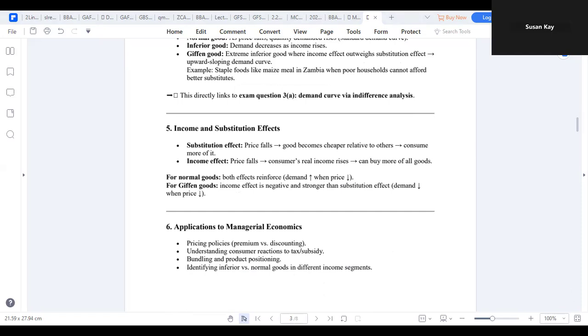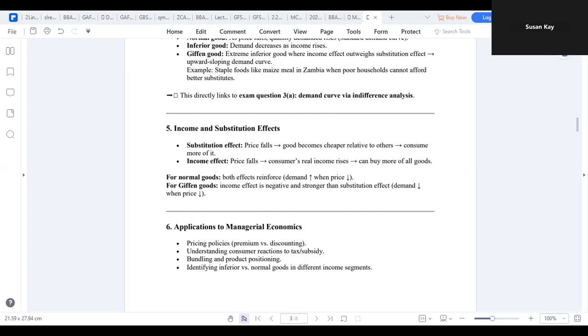So the substitution effect and income effect, these are reactions of consumers to the prices. So we have what we call the substitution effect. So when the price of a good falls, what happens? It will become cheaper relative to the other goods. So what will happen to you and me as consumers? We'll substitute it for something that is more expensive.